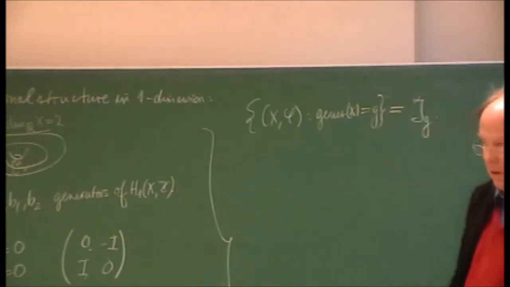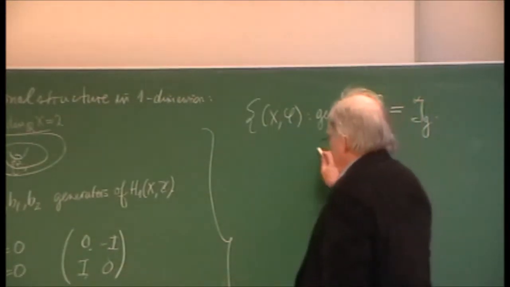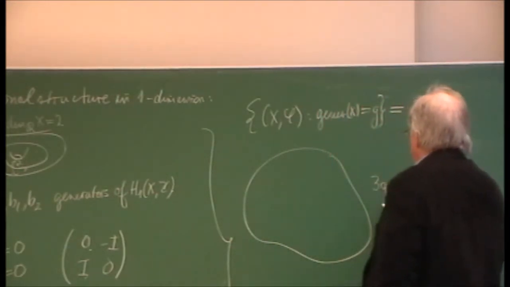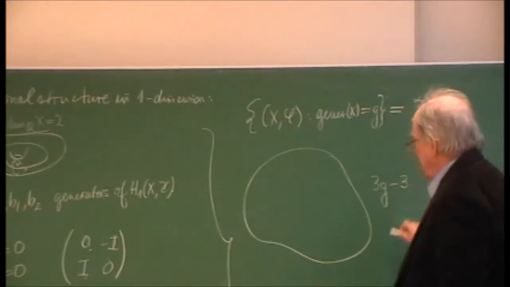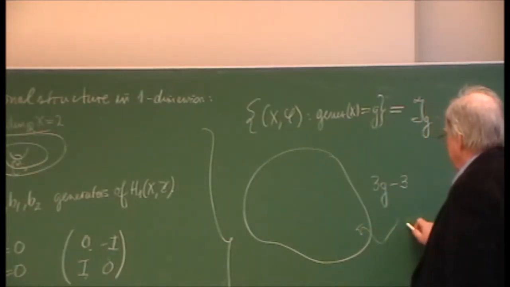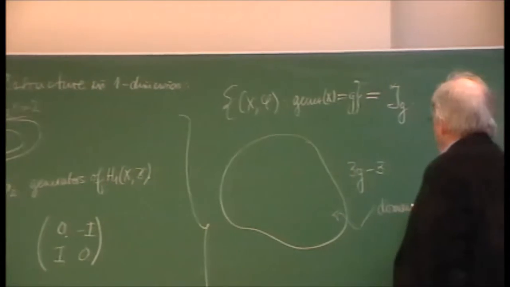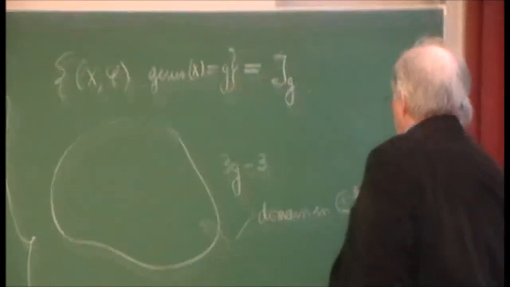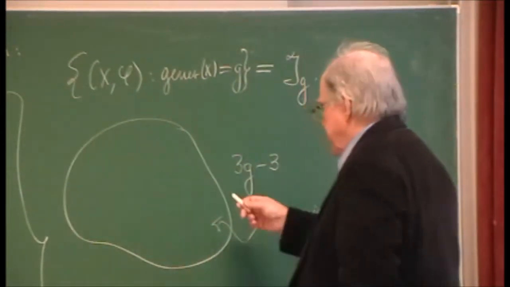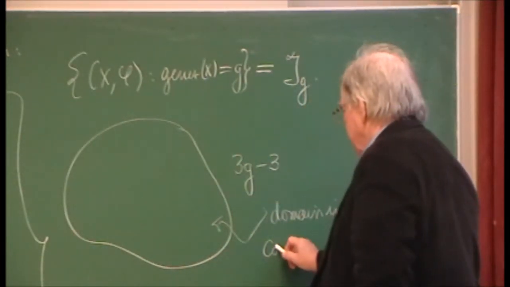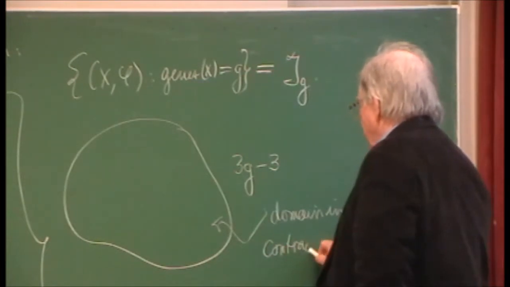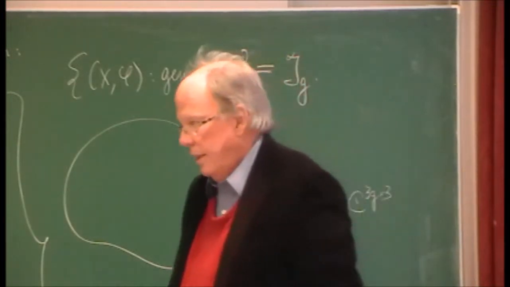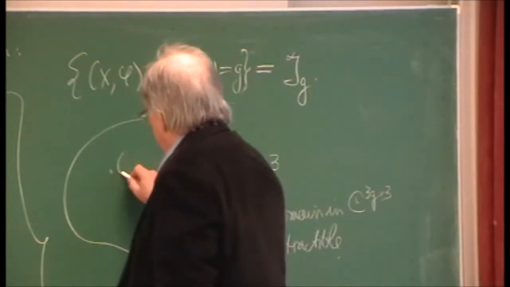This is some space, by the way, that has a natural complex structure. It is of complex dimension 3g minus 3, and this is realizable as a domain in a natural way in C^(3g-3). And it's even a contractible domain, just contractible as a cell. So it's some trivial thing in some sense. Okay. Now, a point in here is a marked Riemann surface.